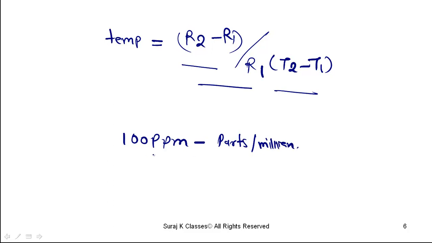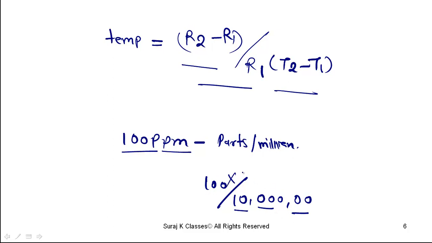So this 100 ppm is 100 upon 1 million, which means 10 lakh. So you can multiply it by 10 raised to minus 6.